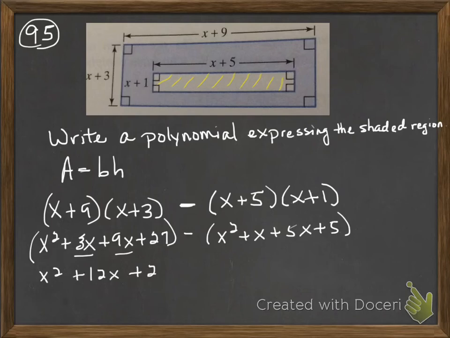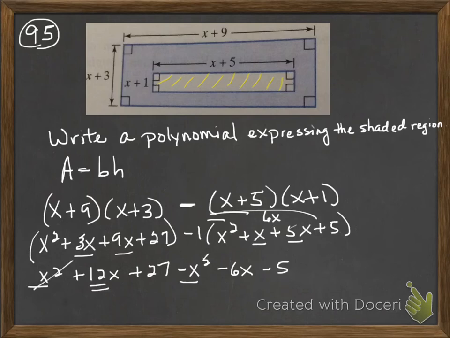Because you are subtracting the second set of parentheses, you're going to end up having to distribute a negative 1. So let's do this real quick. You're going to get a 6x there. So if you distribute a negative 1, you're going to get negative x squared, negative 6x, negative 5. Negative x squared minus 6x minus 5, and then you'll combine like terms.